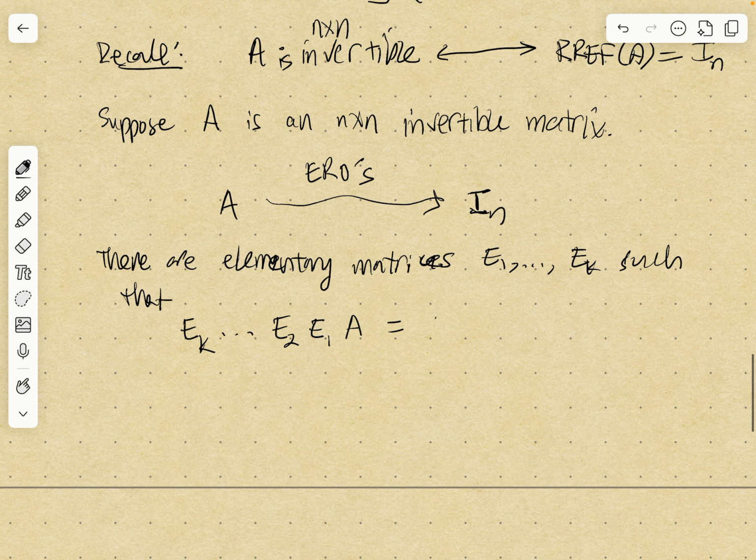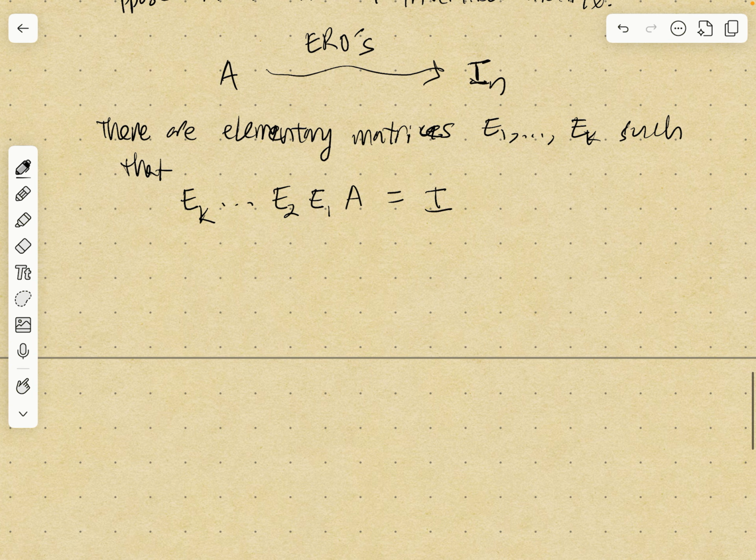This is going to be the identity matrix. So this is if A is invertible. These are all square matrices, all the same n by n.